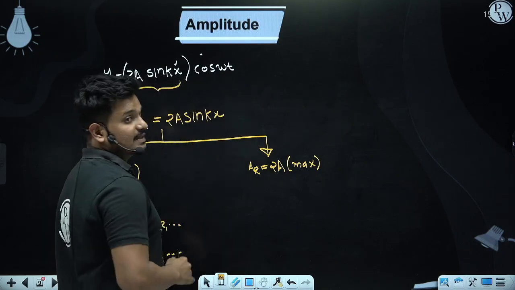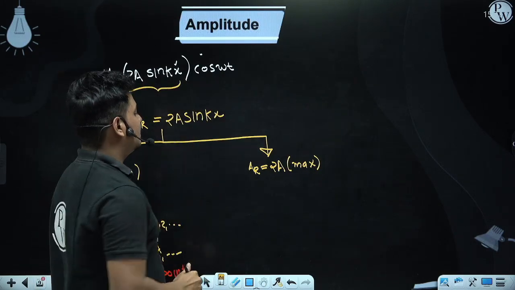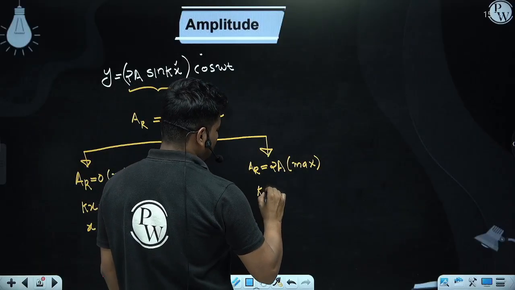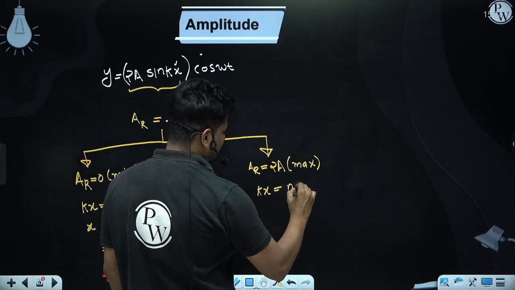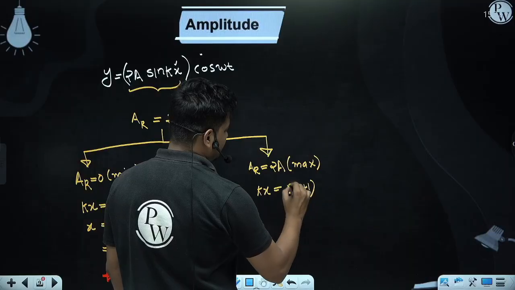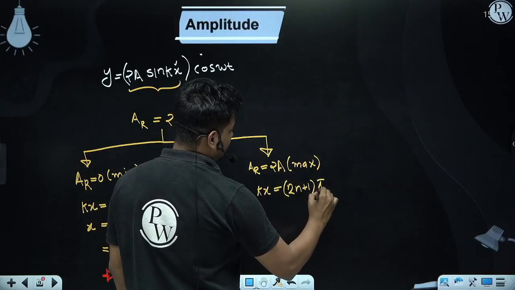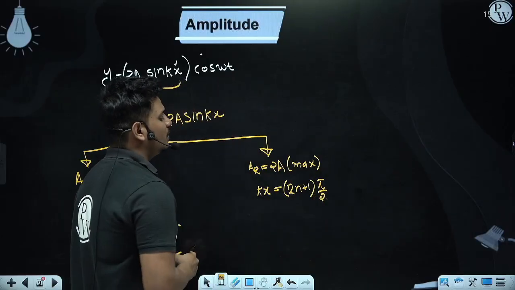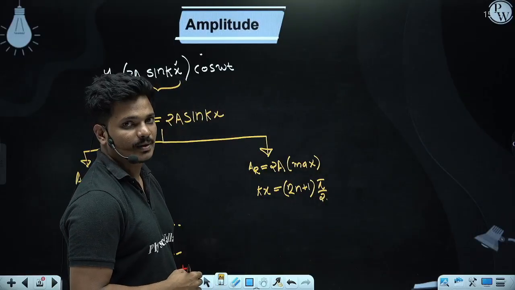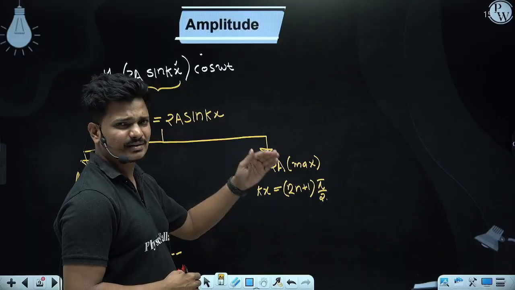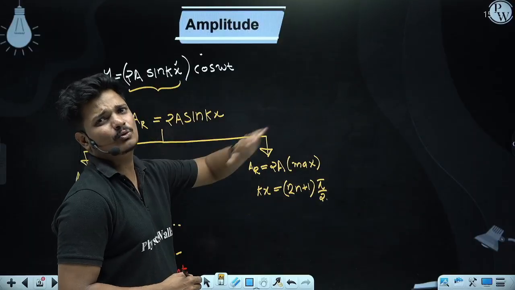When sine kx is equal to 1, what is kx equal to? Simple trigonometry: kx equals (2n plus 1) times pi by 2. At this value, n varies from 0 to any positive integer.